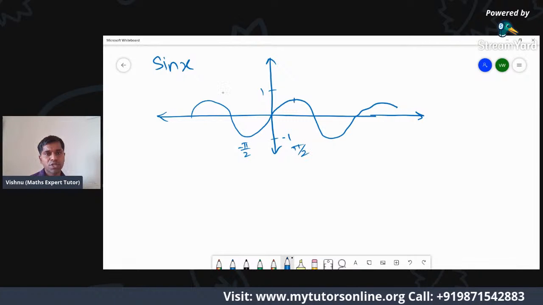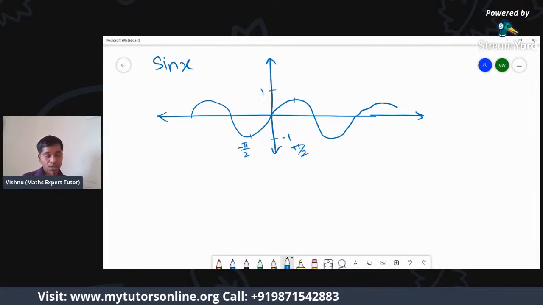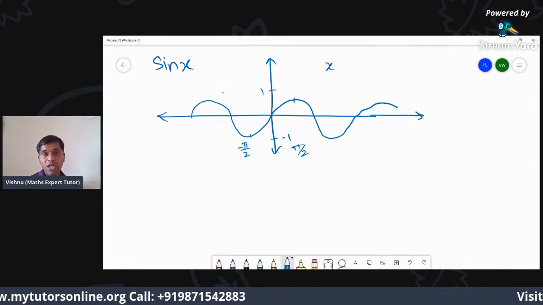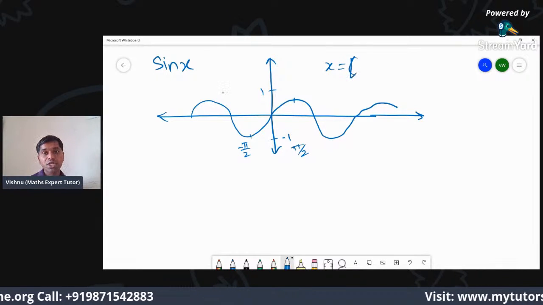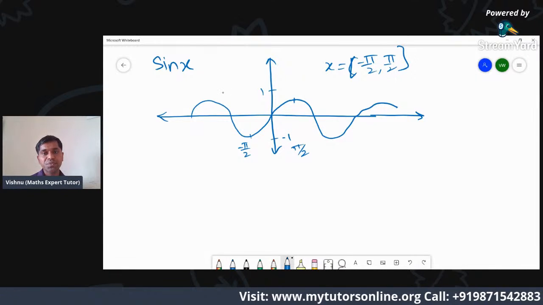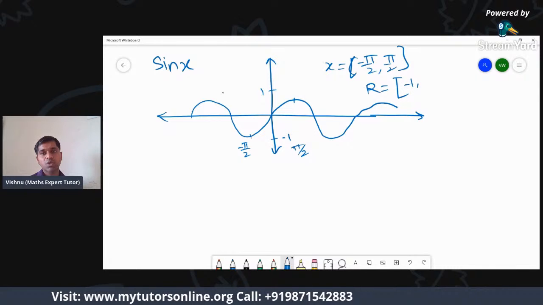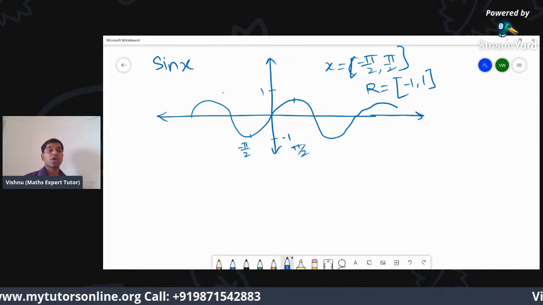The maximum value is at pi by 2, the minimum is minus 1 and the maximum is 1. So the domain is the closed interval minus pi by 2 to pi by 2. What is the range? The range is indicated by R. It is minus 1 to 1 for sine.